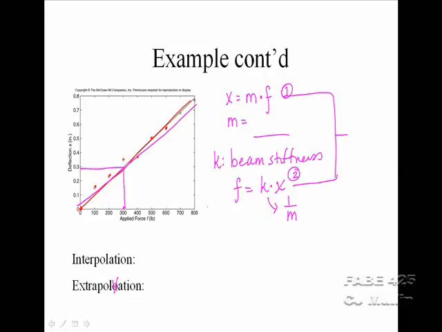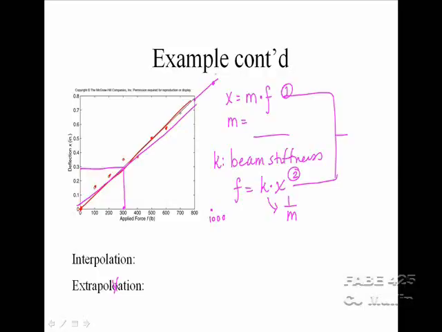So for this example, if I was to try to predict what would happen at 1,000 pounds here, we could predict based on this original model that the output would be maybe 0.9 or 1.0 inches.